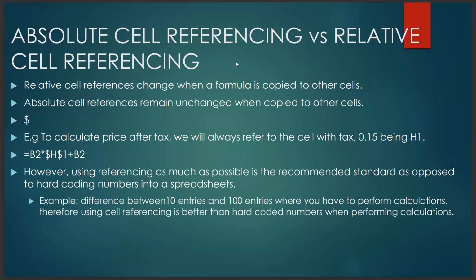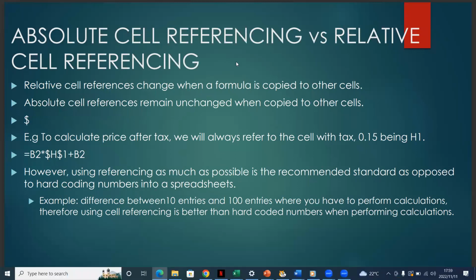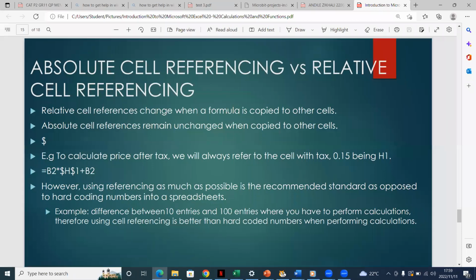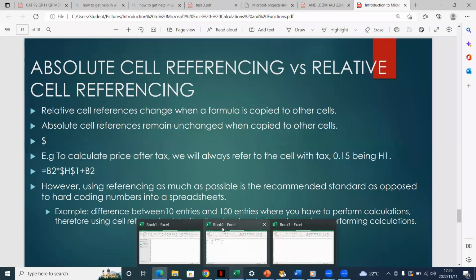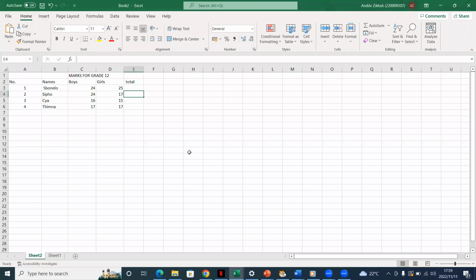Right, I'm sure everything is done there. So let's go back to our data. I'm sure everyone can see the screen. Let me go through these tabs. You have home, insert, page layout, the formulas.